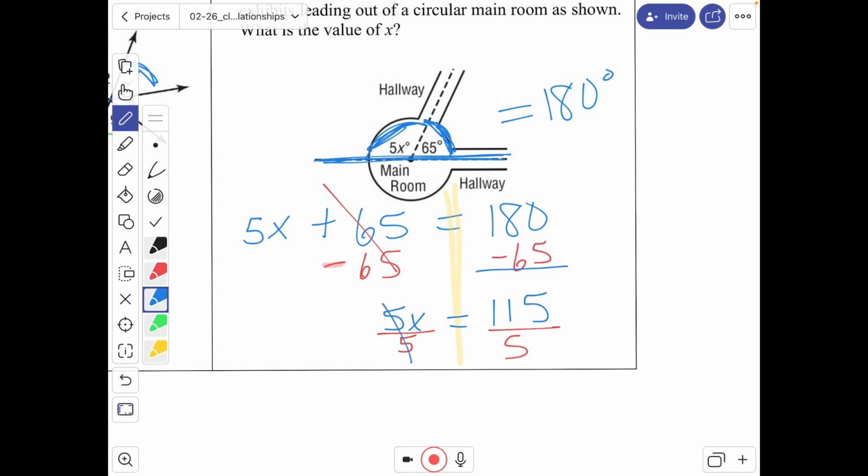The 5's cancel, and on the left we have just x equals, what is 115 divided by 5? 23. So x would equal 23.